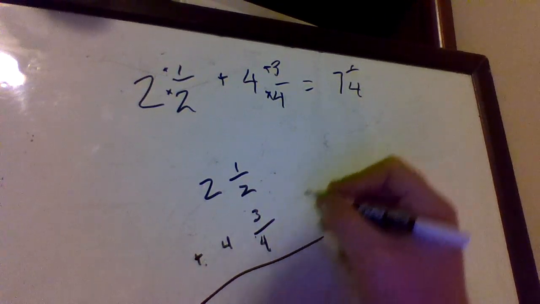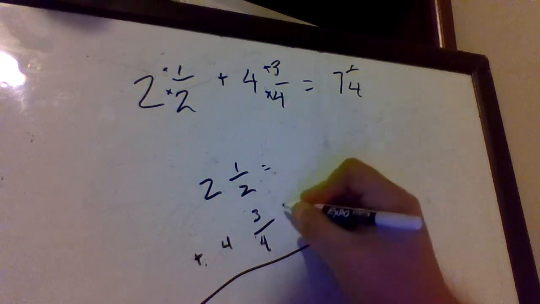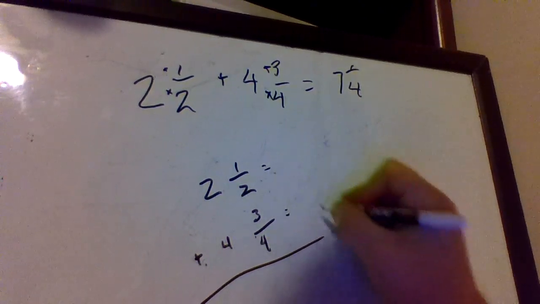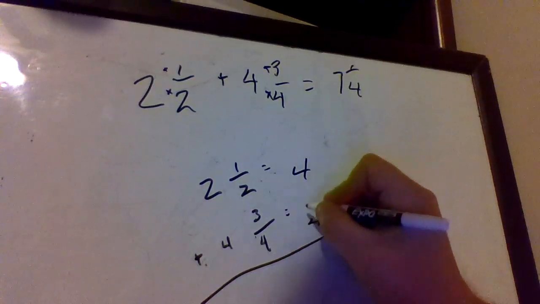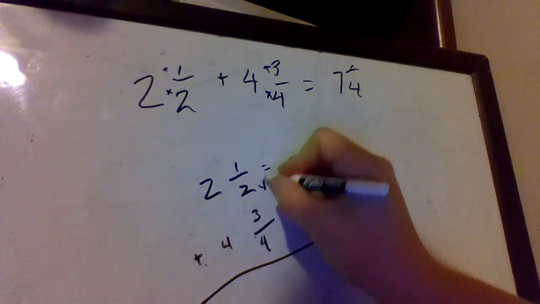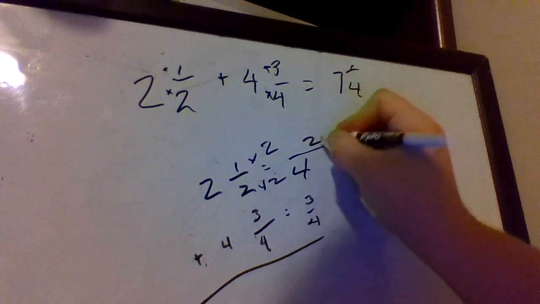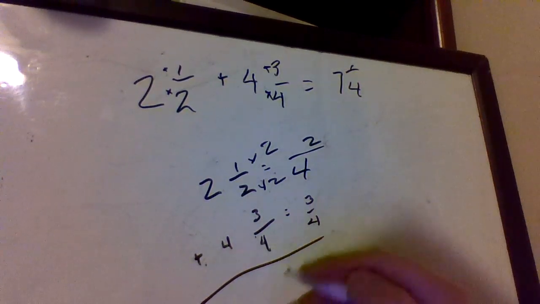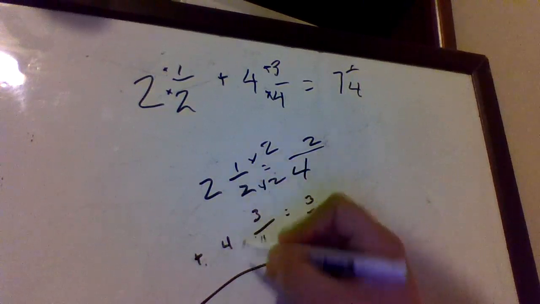So our common denominator is 4. 3/4 already has a 4 on the bottom, so we're just going to keep that. And 1/2 equals 2/4. So now we're going to add. 2 plus 4 is 6.